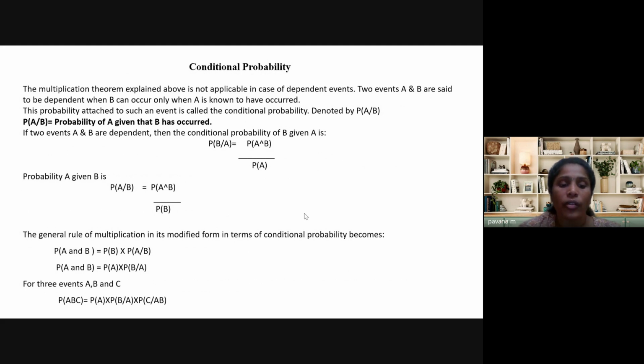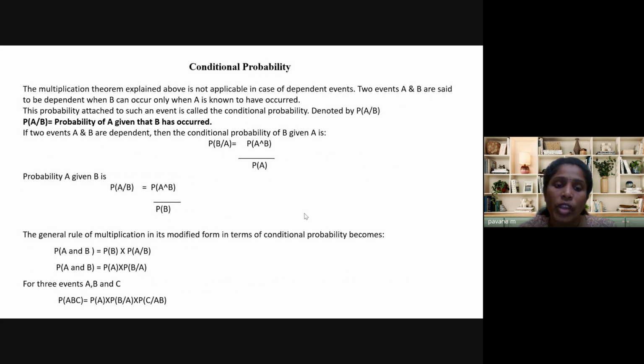Okay, and the general rule: the multiplication rule is modified in terms of conditional probability. How will you calculate P of A intersection B, or P of A and B? In the above problem, P of A by B is equal to P of A intersection B by P of B. Now P of A intersection B is obtained by moving the denominator term to the right side.